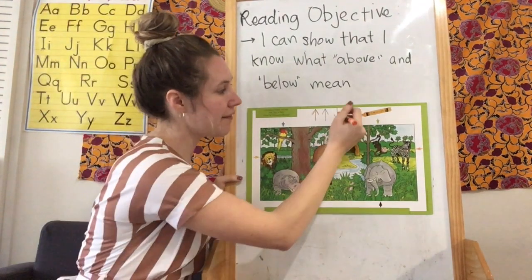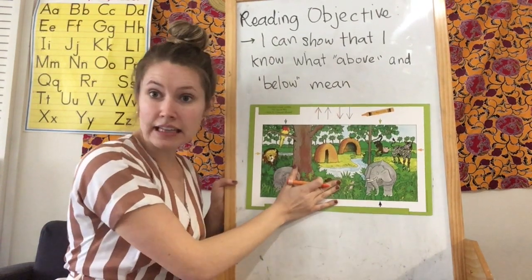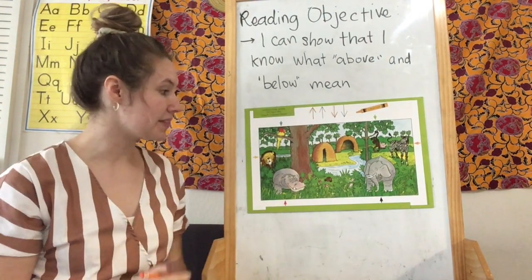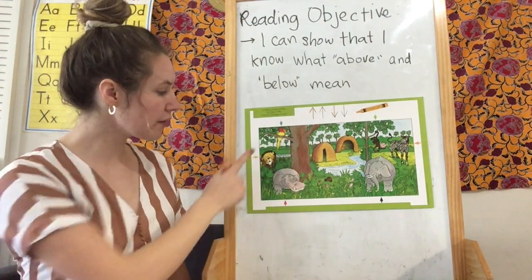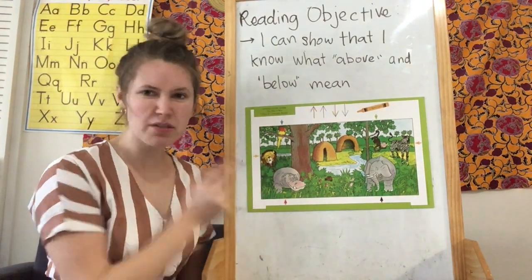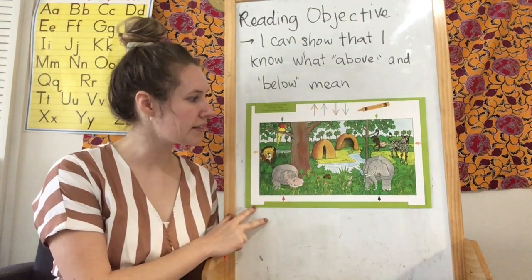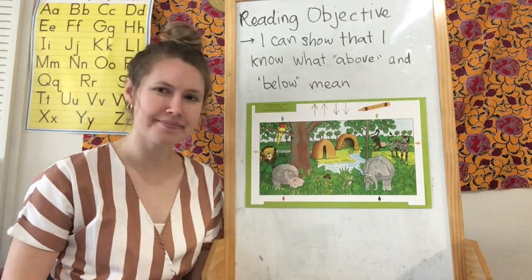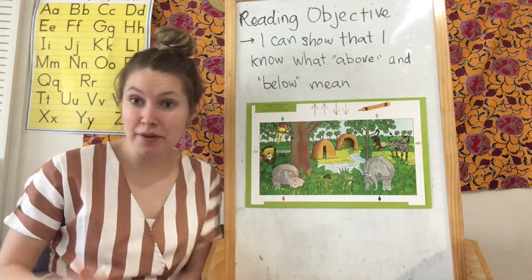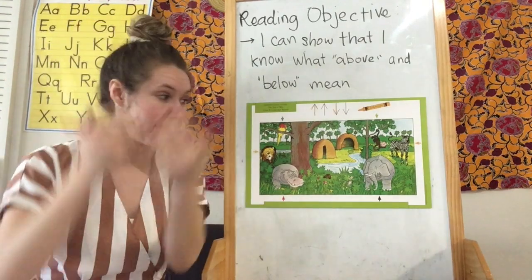Now we also have an arrow pointing down. That's going to be showing us below, or down. So let's look at our picture here. Where do you think it is? Maybe the jungle? Remember, the setting of our story is in Africa, in the jungle.